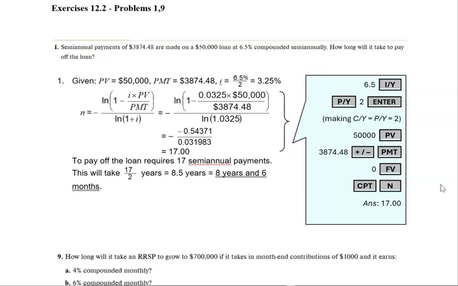You have to turn that into a negative, so you want your plus minus button, and then hit payment, 0, future value, and then compute N. Okay, and your answer is 17. So it says, how long will it take to pay off the loan? So 17 divided by 2, right, because it's semi-annual. That gives us 8.5 years, or 8 years and 6 months.